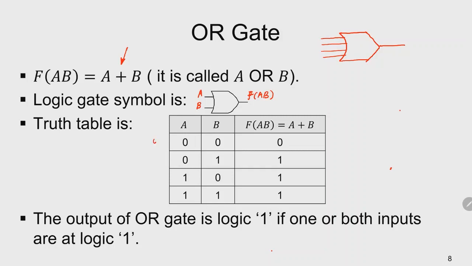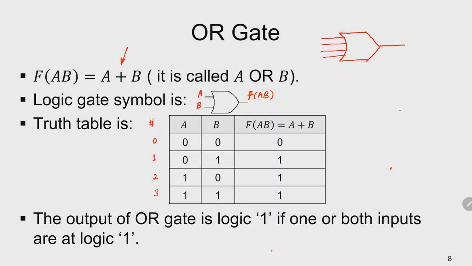So this will be 0, 1, 2, 3, which is the equivalent in decimal number. If you go through the values from 0 all the way to the maximum possible combination of binary numbers, then you will have covered all the possibilities of the logic.